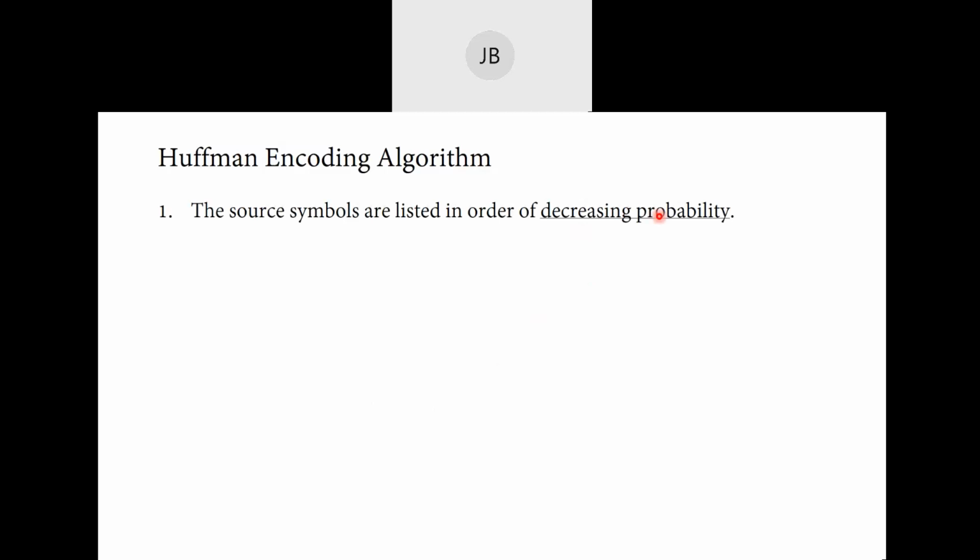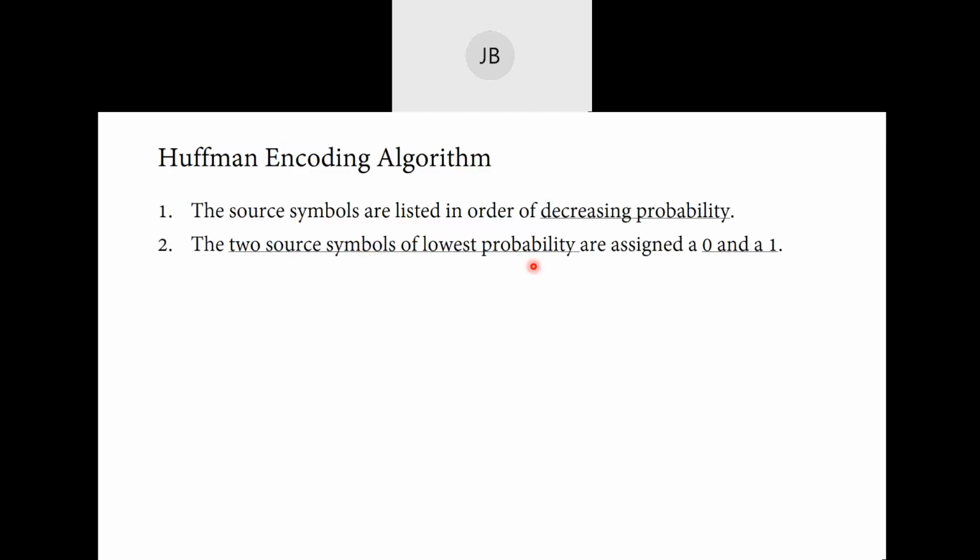Next, two source symbols of the lowest probability we need to pick, and they should be assigned 0 and 1. Since they are already in the decreasing order, it's easy to pick those symbols having the lowest probability. One of the symbols will be assigned 0, the other one will be assigned 1.